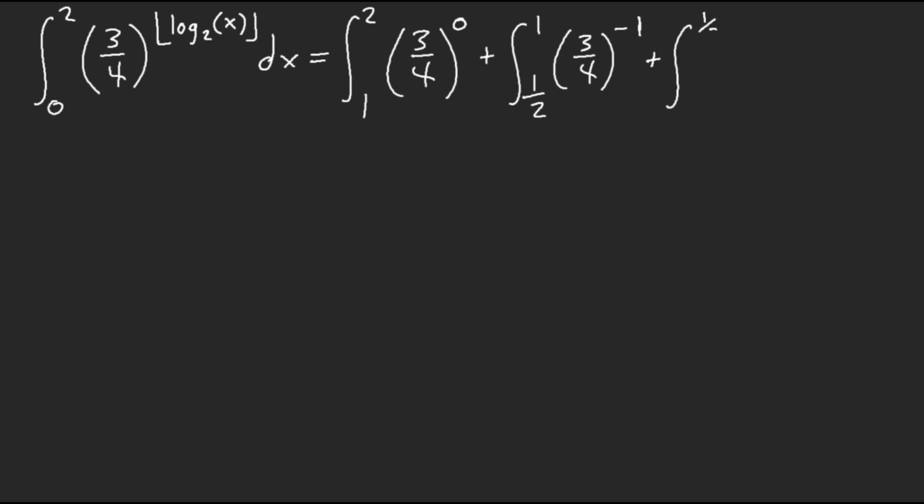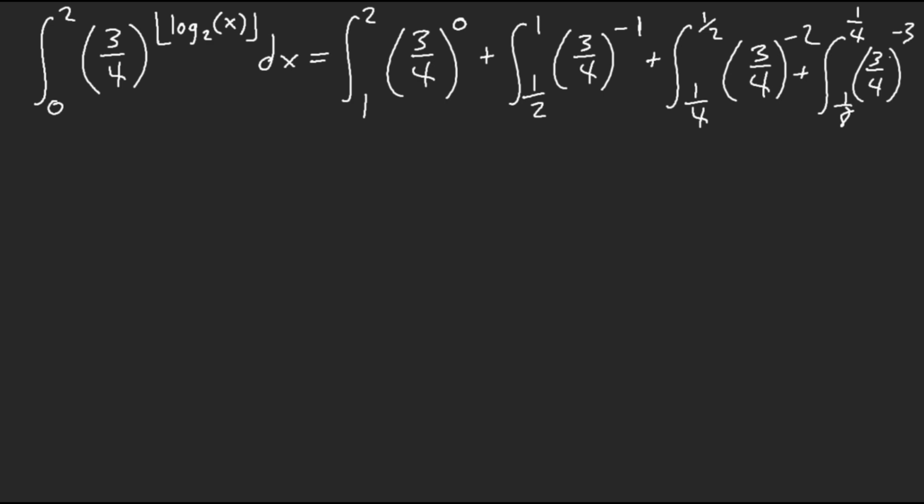And with 1/2, we can get 1/4. Because that would give us negative 2. Right? It's going based on log 2. So we get 1/4, 1/8. 1/8 would give us negative 3. And we keep on going.